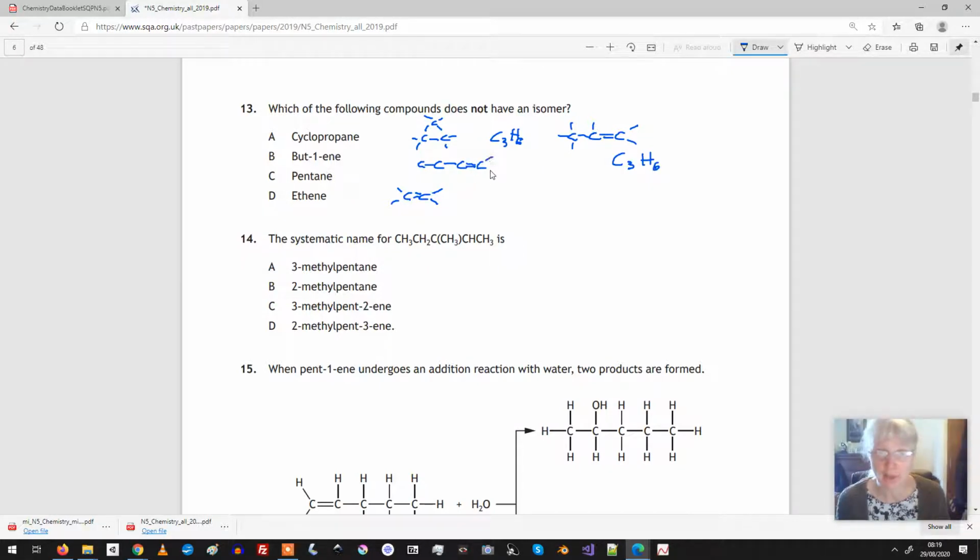And I'll just do the little hydrogens round. But you could also have but-2-ene, and that would be an isomer. But-2-ene would look like that.